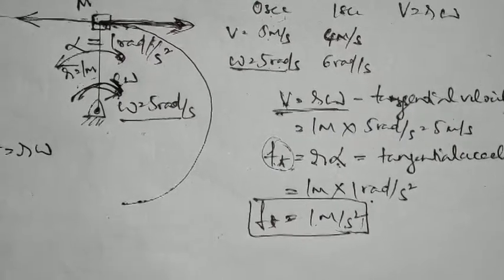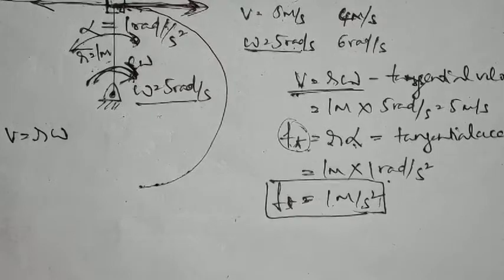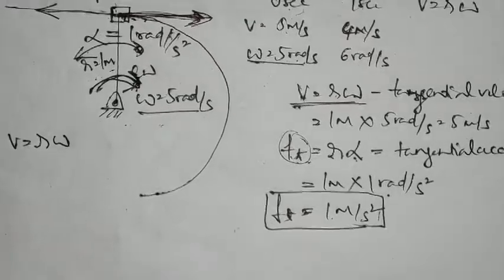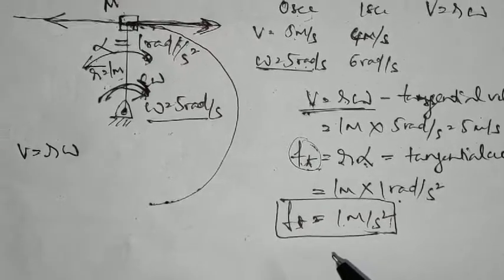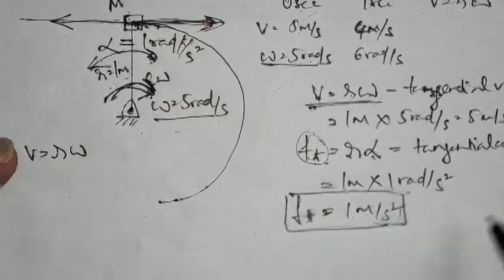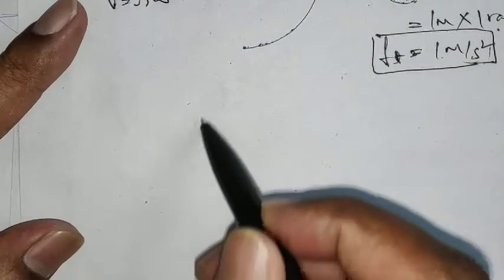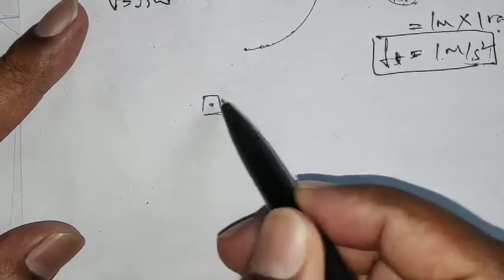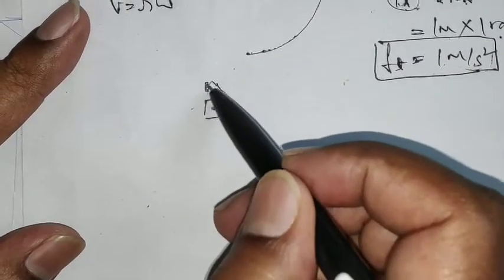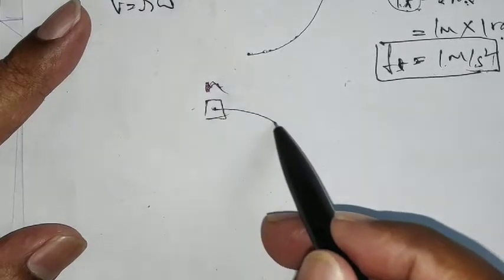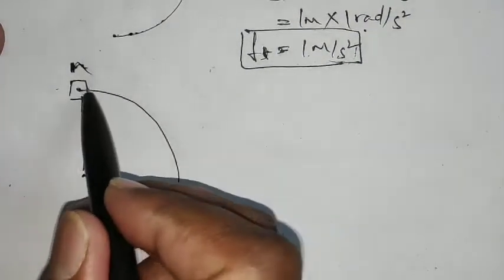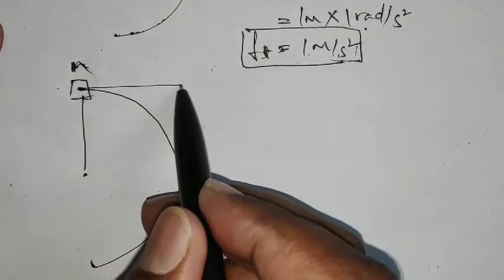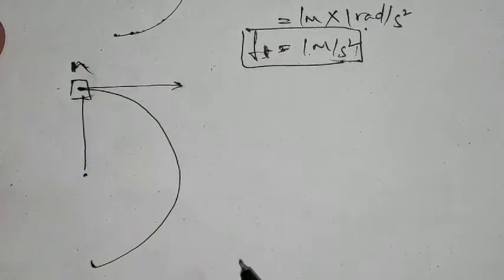And one more component which is very important to solve a problem is the centripetal acceleration. Centripetal acceleration happens because any body M which is trying to move along a circular path like this, at this instant wants to go in this direction.